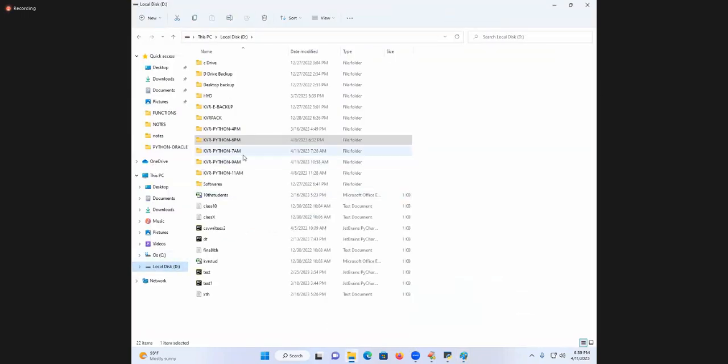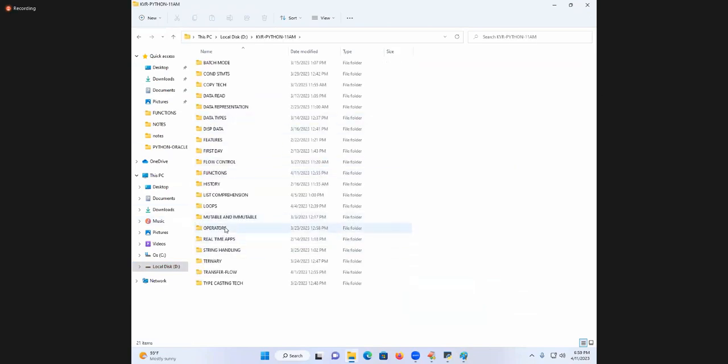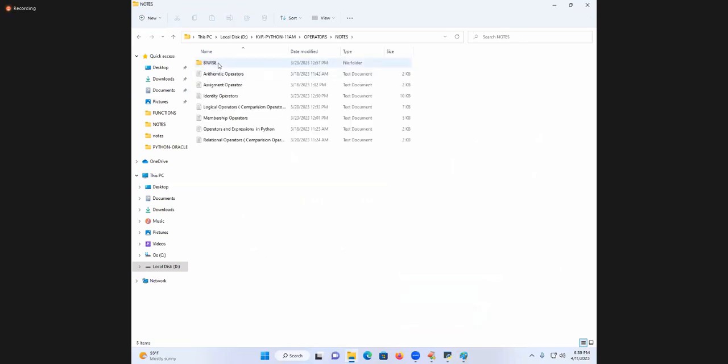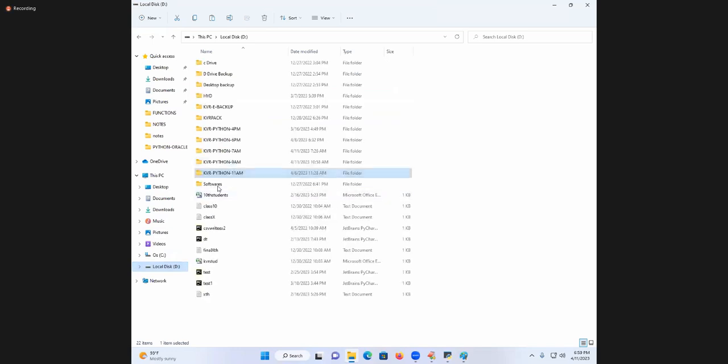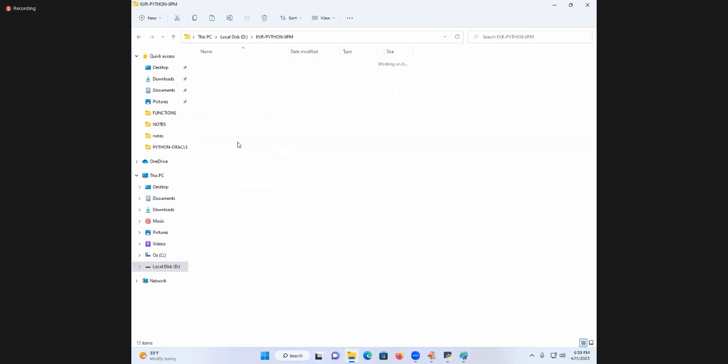So go to the place. Now I will bring that left shift operator, students. I'll get the operators here. Under that, the bitwise operator, I want to get it. First, I want to take the bitwise left shift operator, I just want to bring it. So carefully follow, students. Now I'm going to bring it to your place also.